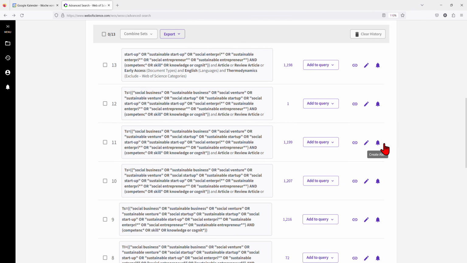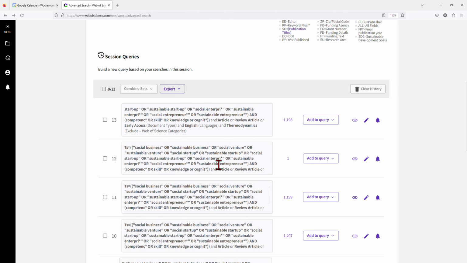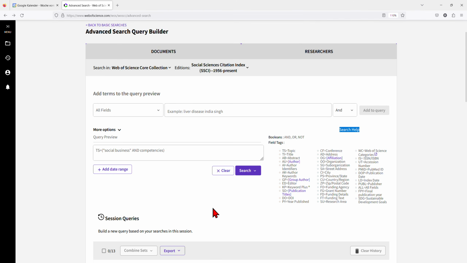So if you did this search and say, okay, I'm going to leave it for a week or whatever, then you can create an alert so that you get notified if any new articles for this specific search come up in the database in the future. So these are some helpful elements that can be quite useful if you're searching in that area or in any other areas that might be relevant for you.